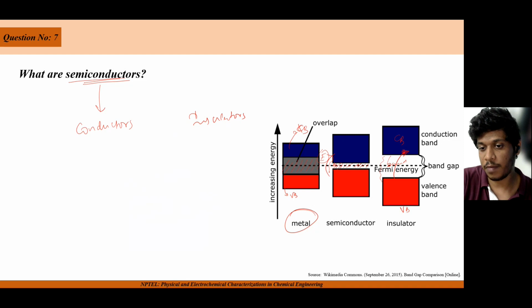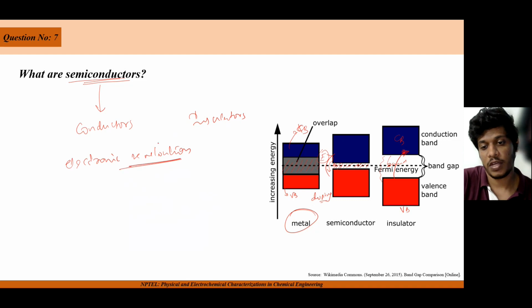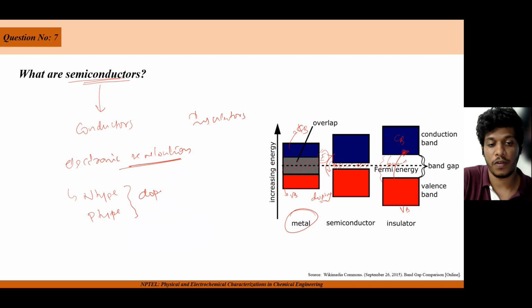This band gap can be tuned by doping, and this has been very fundamental for our electronic revolution. So semiconductors are the basis for all the electronics that we see. This can be an N-type or P-type semiconductor, depending upon the kind of doping we do. So this is another very regularly studied material.